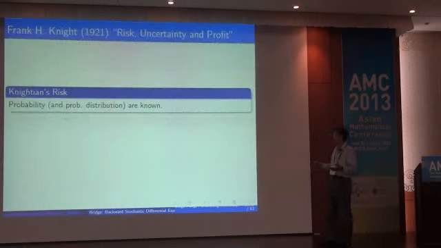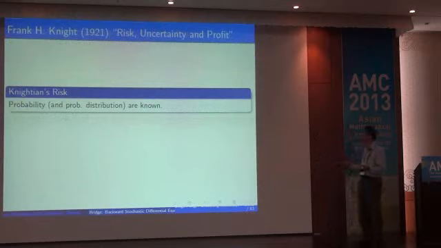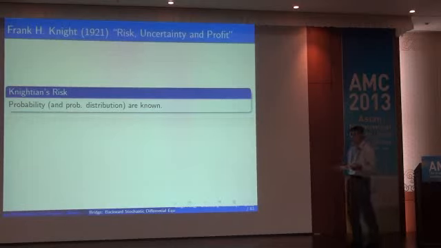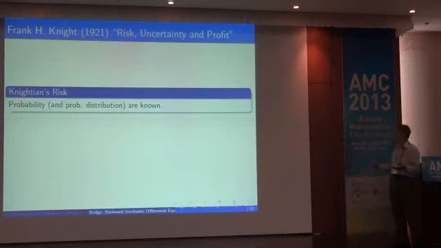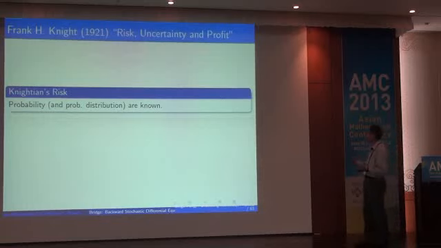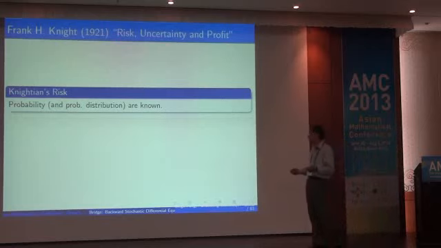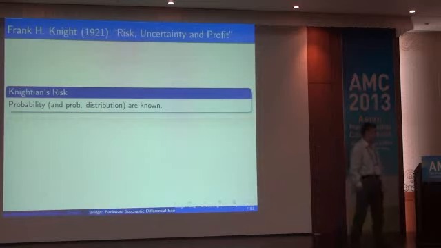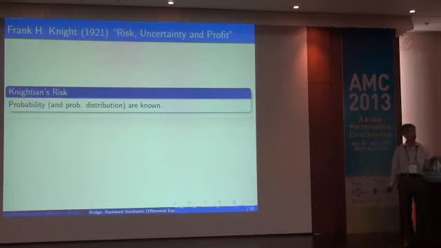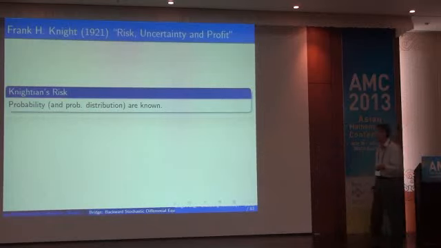But on the other hand, even in 1921, Knight, who is the founder of the Chicago school of economics, had a very famous book in economics called Risk, Uncertainty, and Profit. In this book, Knight doesn't believe that probability and distribution can be applied in economics, in business, and in finance.